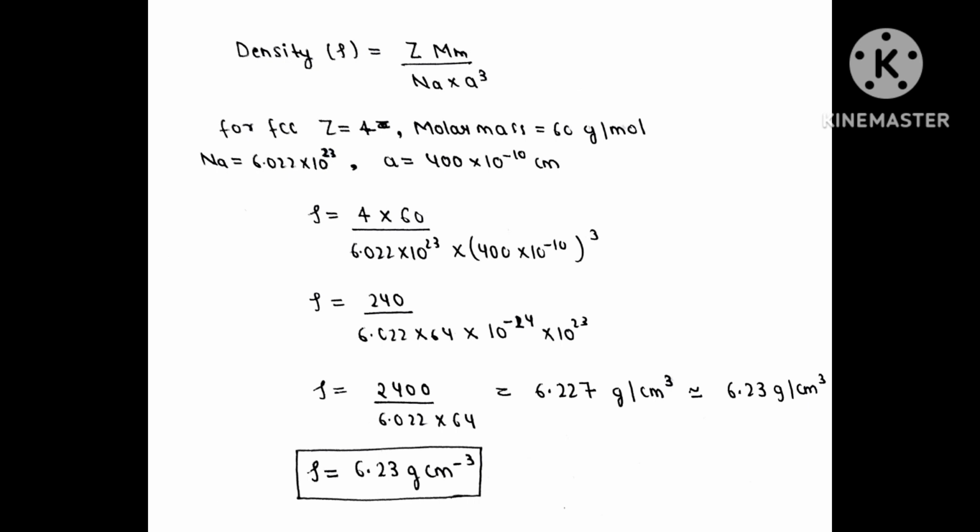Divided by Z. Now think, what is the value of Z? Here it is FCC, so what type of cube is there? One thing you have to understand: in case of an FCC lattice, the number of atoms per unit cell is 4.